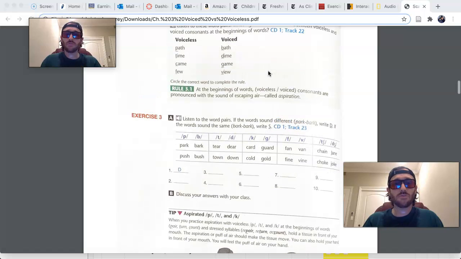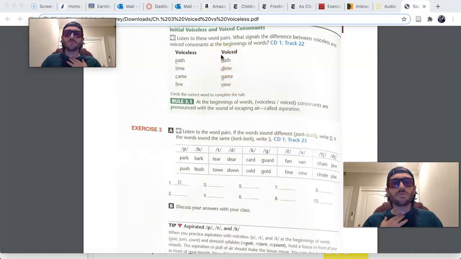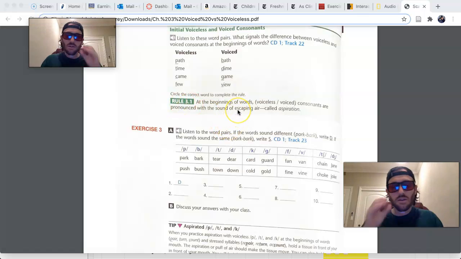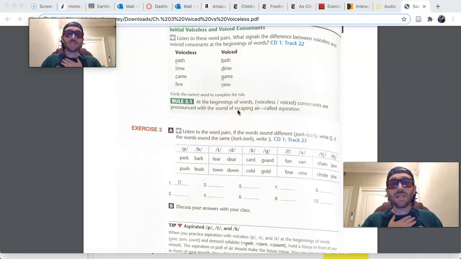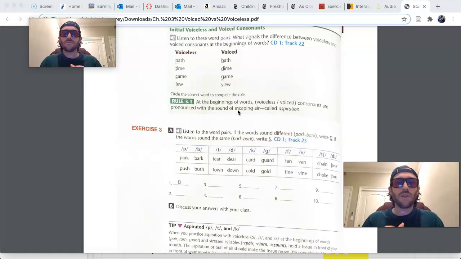Aspiration is compared to vibration, the vibration in our vocal cords with voiced consonant sounds. So vibration for voiced, aspiration, the sound of escaping air with voiceless. That should help you, listening for that aspiration, listening for that vibration in distinguishing voiceless and voiced consonant sounds.